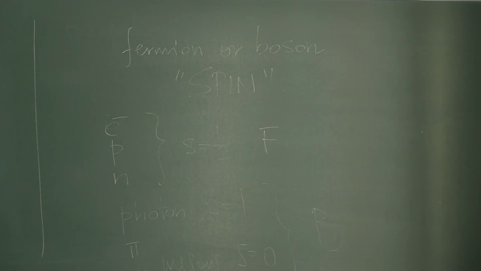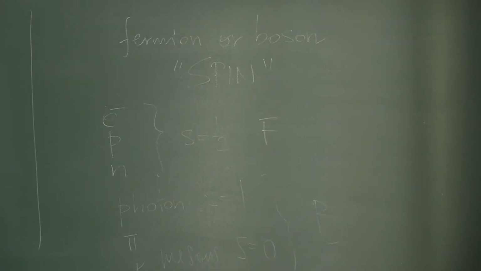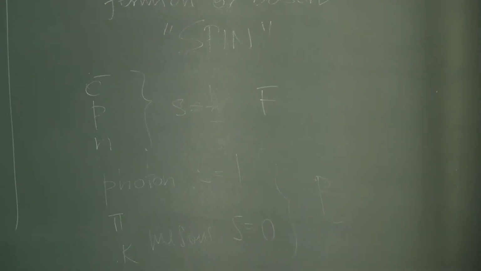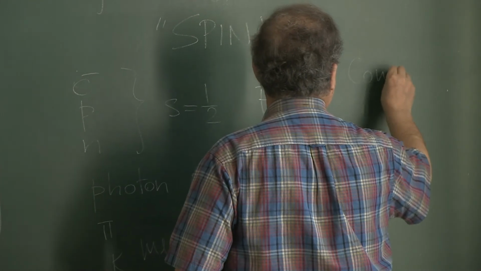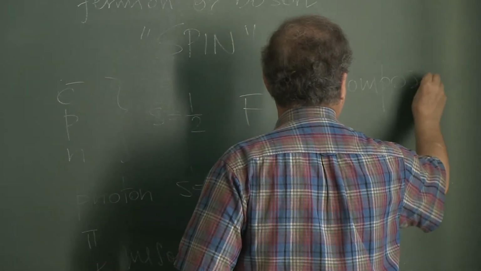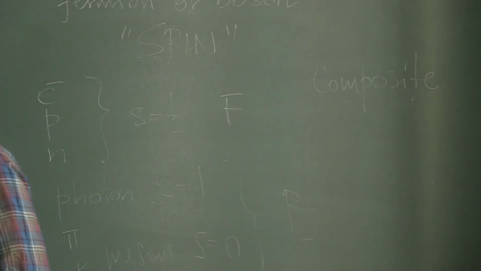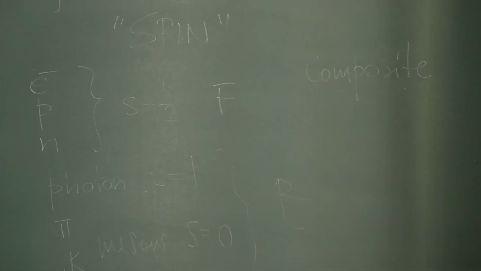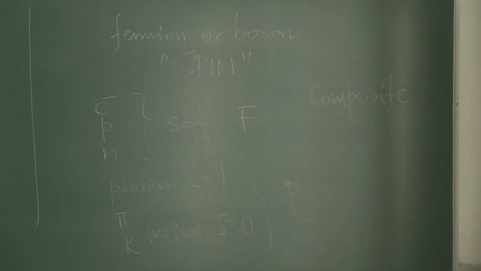There are some fundamental particles with half-integer spins and integer spins. There are also composite particles, like atoms. In an atom you have nuclei and electrons.